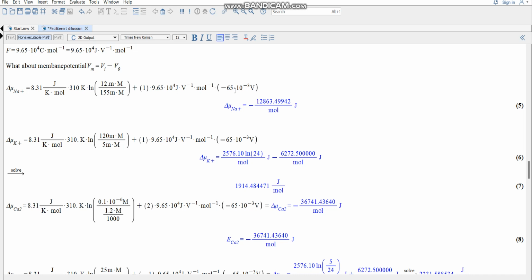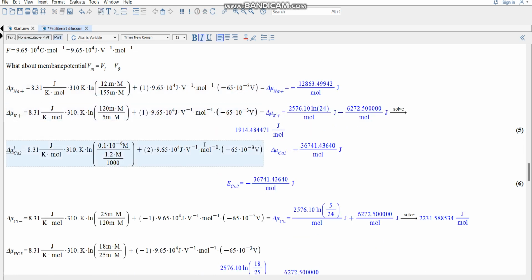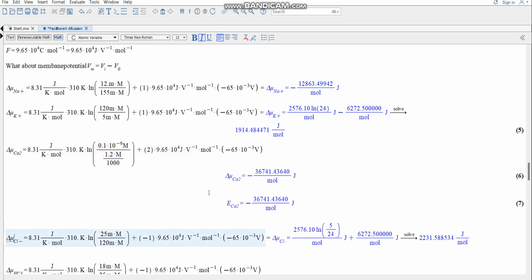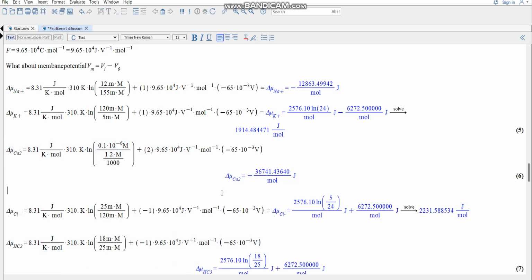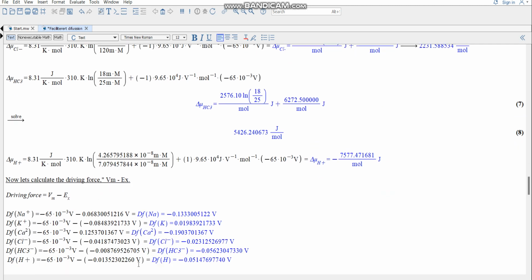Okay. So this is one of them, this is one of them, this is one of them, and so forth. You get the idea. Now let's calculate the driving force, right? Just so you guys remember what driving force is, driving force is also known as the electrochemical gradient, or the potential for net ion transport.